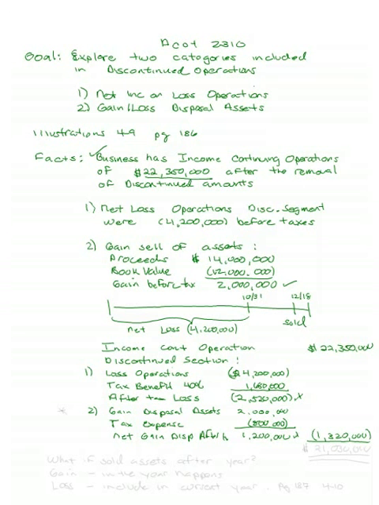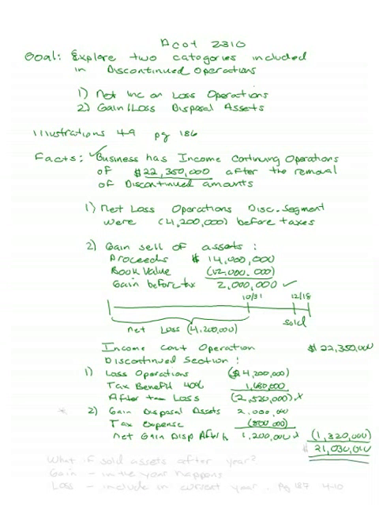Part of it was from operations and part was from disposal of assets. If you take the $22,350,000 from continuing operation and subtract out the after-tax effect of the discontinued item, you'll see net income from this business was $21,030,000.